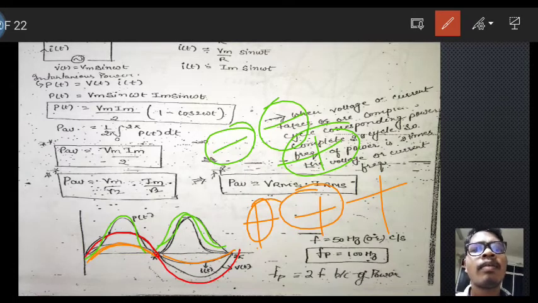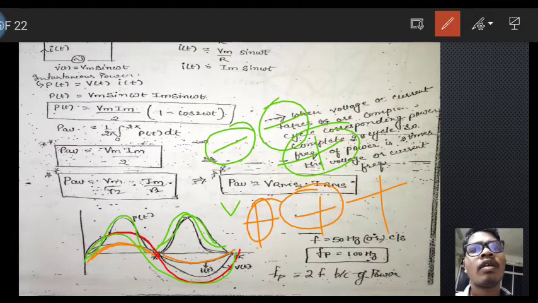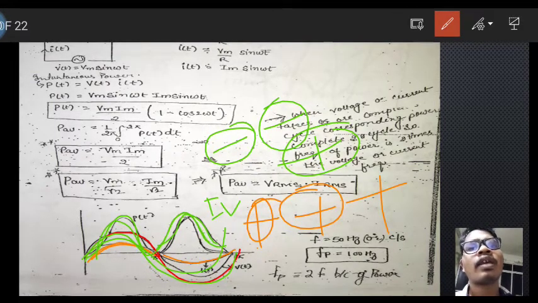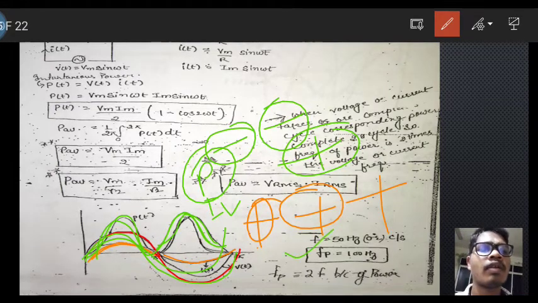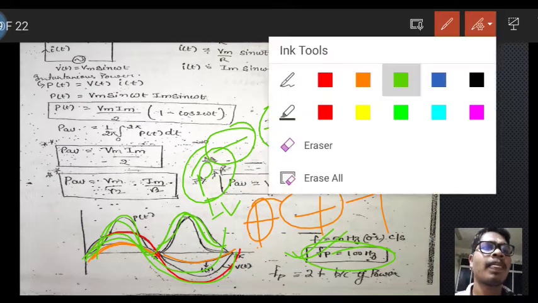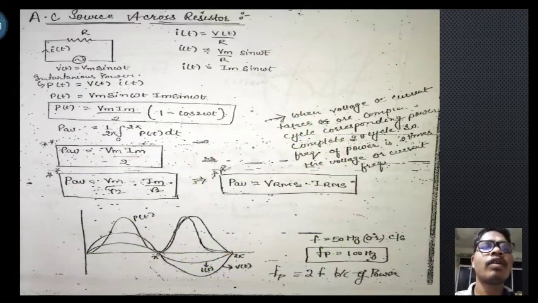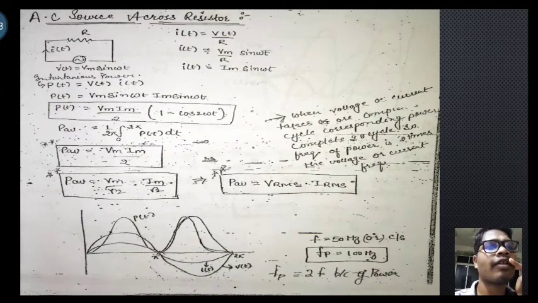So for one cycle of voltage or current there are 2 cycles of power. That's why the frequency of power is 100 Hz. Is it clear to you? If not, then ask me in the comment section, I will clarify your doubt.